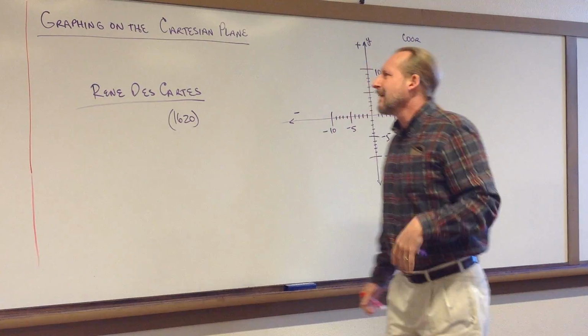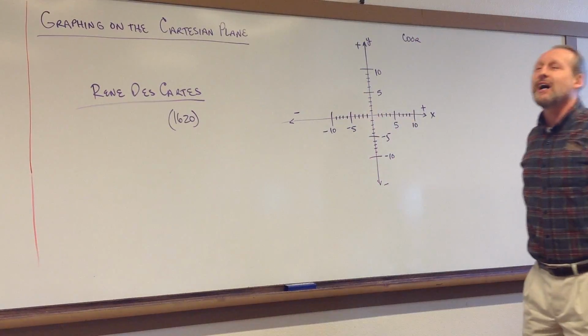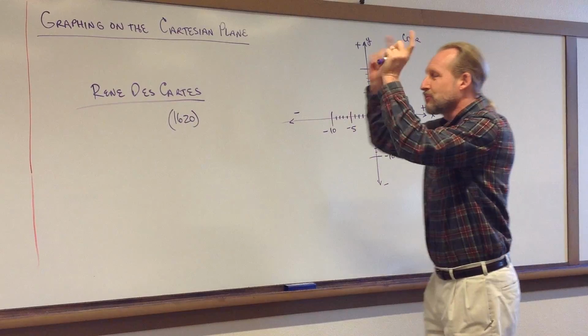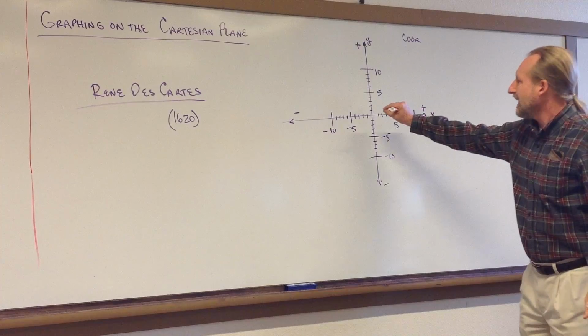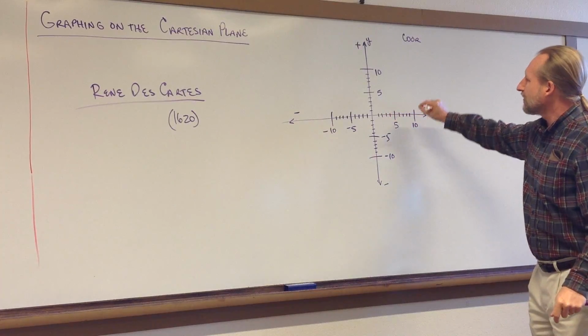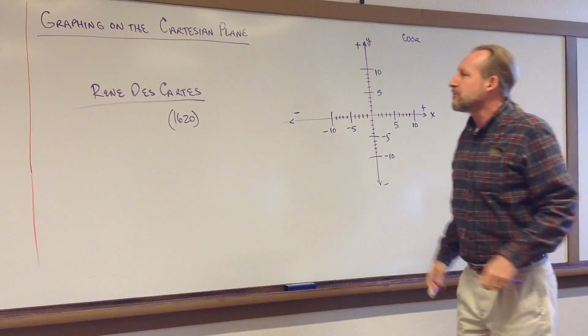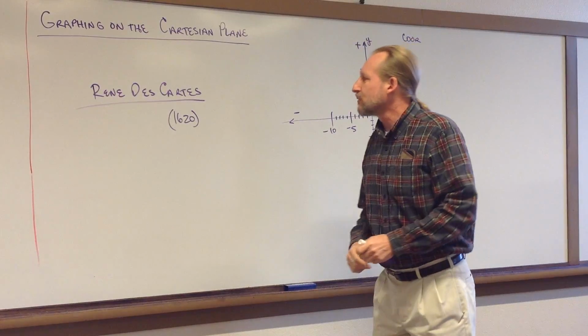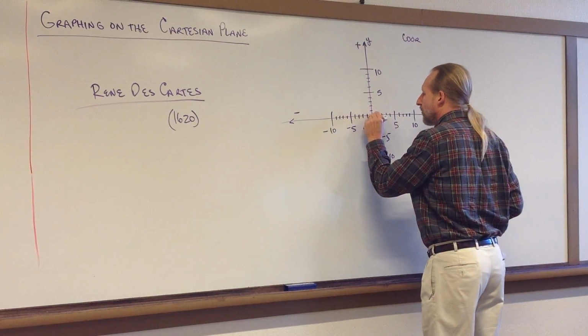There's a story about René Descartes lying in bed watching a fly crawl across the ceiling, which was a checkerboard ceiling, and he tracked its movement by seeing how many boards he went to the right or up or down, and it was a way to keep track of where the fly was moving in reference to an original point.